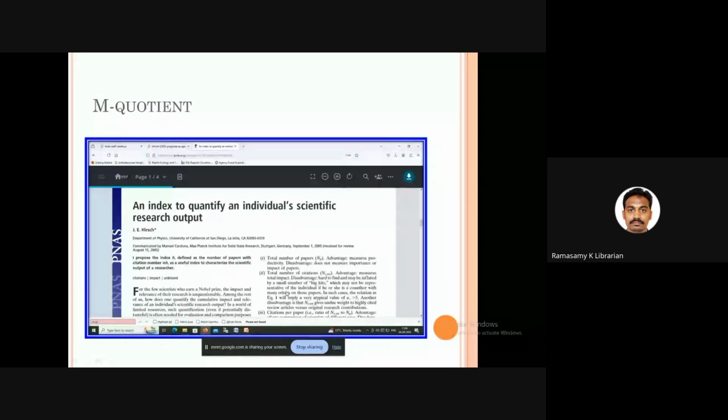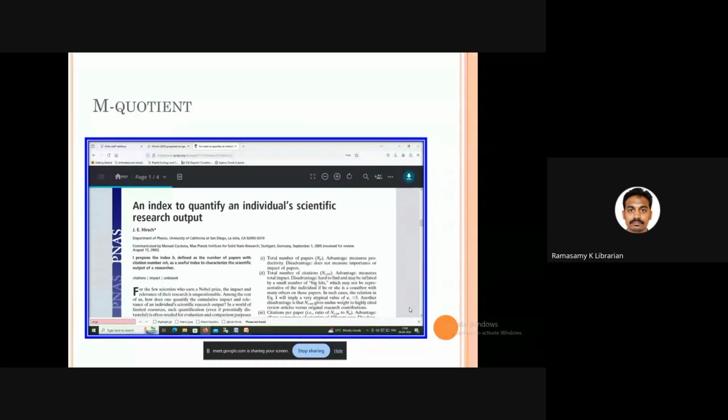So there are many more indices. M quotient: the same author who introduced H index in 2005, having known the deficiency of H index, introduced another index called M quotient, in the same research paper.